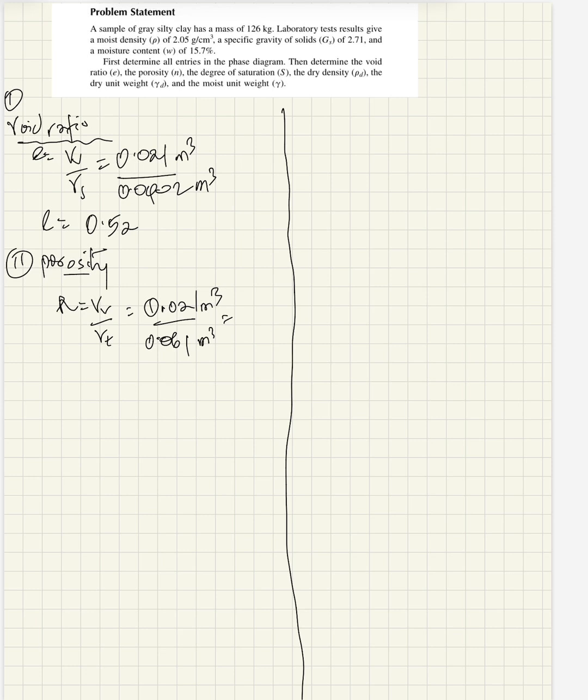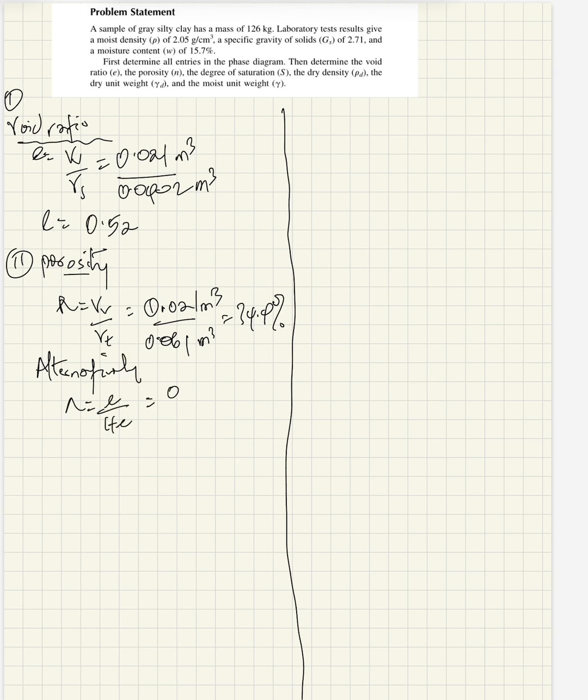That is the porosity, and it is mostly expressed in percentage, so 34.4%. So the next thing we are asked to find, next property. Alternatively, we can obtain this using our void ratio. Porosity is void ratio over 1 plus e.